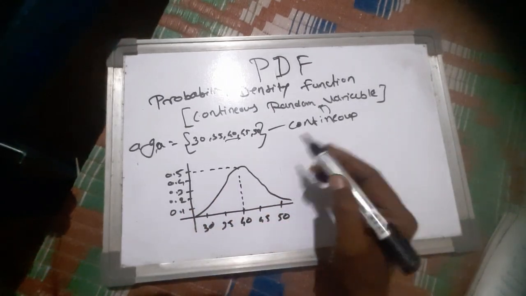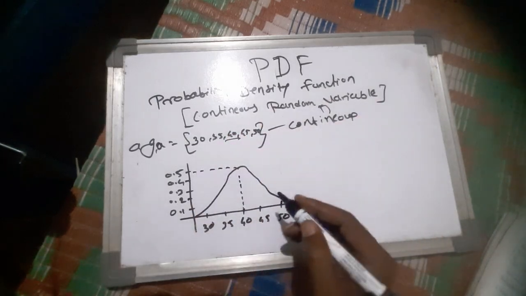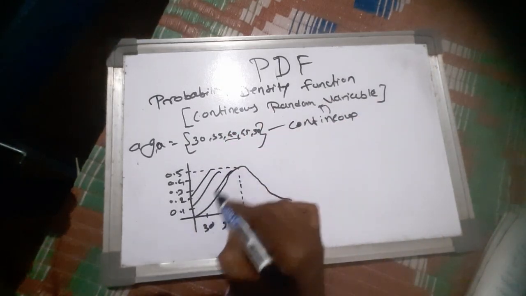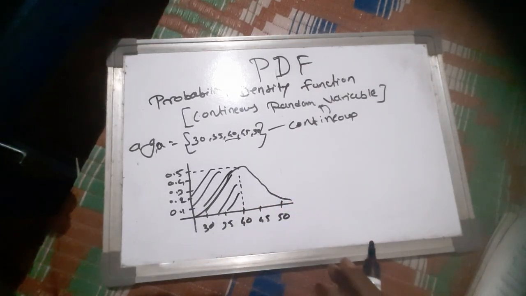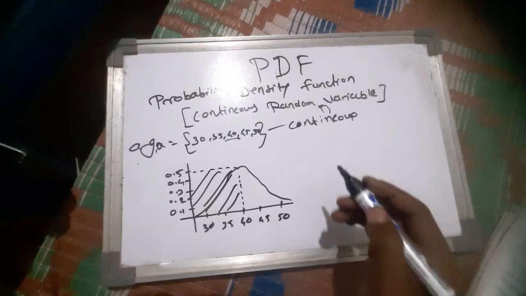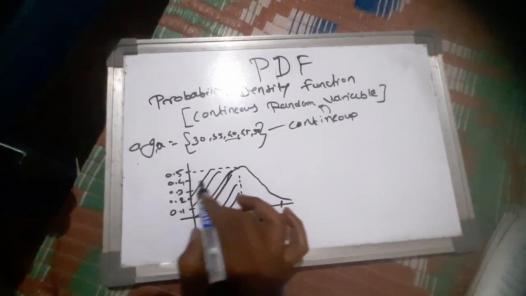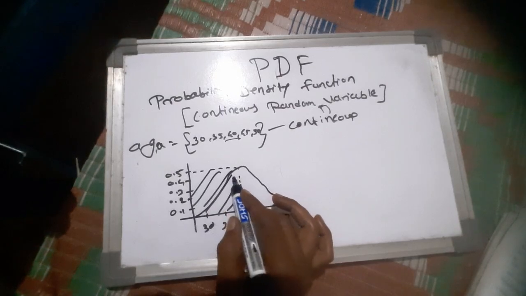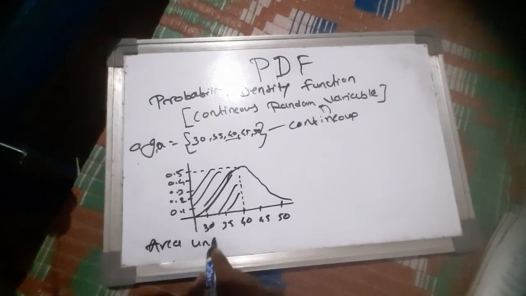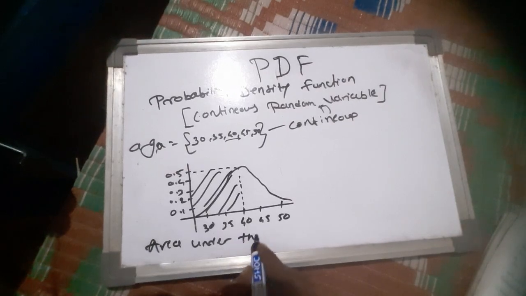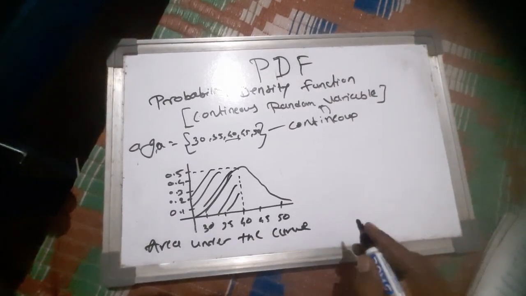If we calculate the probability density, then we cover this whole segment. It means we will cover the whole area, the area under the curve, right?